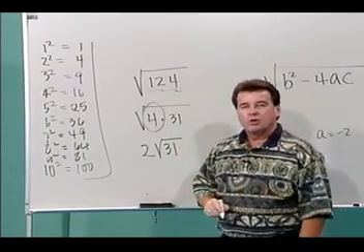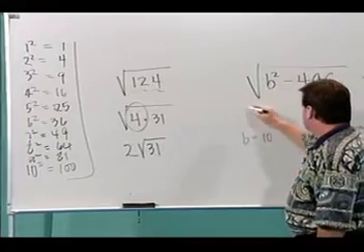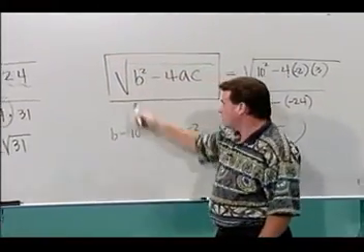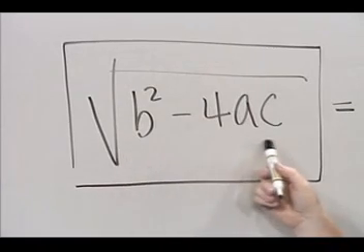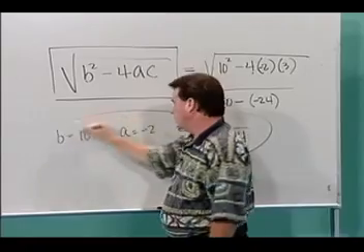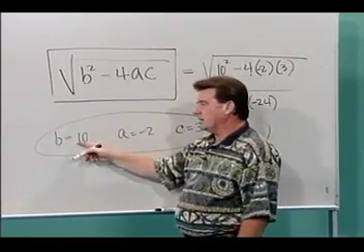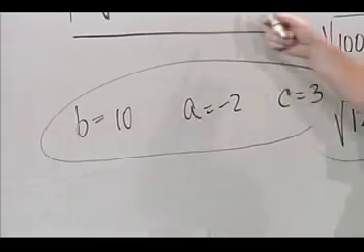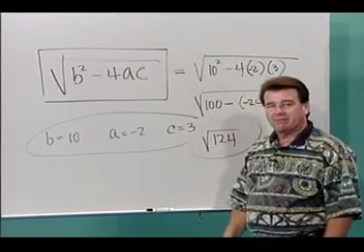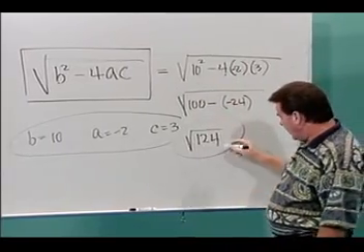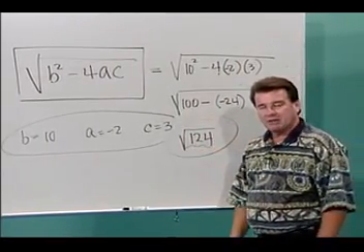So, if I were to give you this problem and said, evaluate the expression square root of b squared minus 4ac, with b equaling 10, a equaling negative 2, c equaling 3, what I would do is substitute carefully, plugging those numbers in, simplifying, and then we have to rewrite that radical.